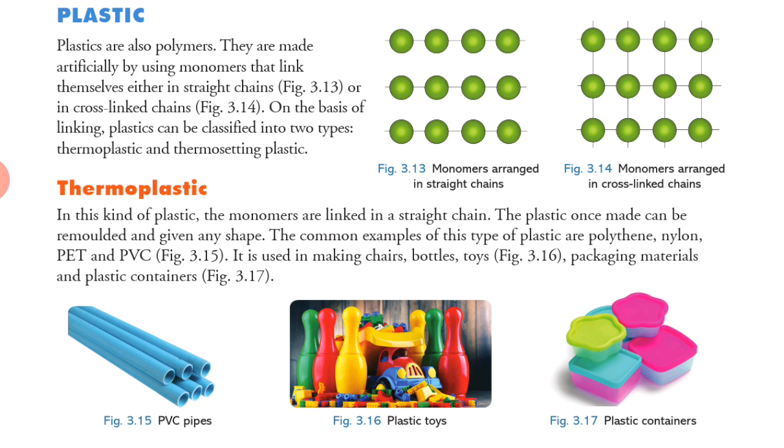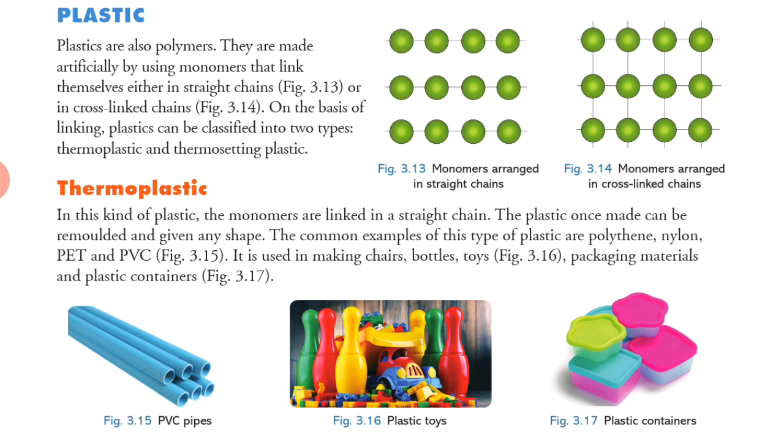Thermoplastics. In this kind of plastic, the monomers are linked in a straight chain. The plastic once made can be remolded and given any shape. Common examples of this type are polythene, nylon, PET (polyethylene terephthalate), and PVC (polyvinyl chloride).